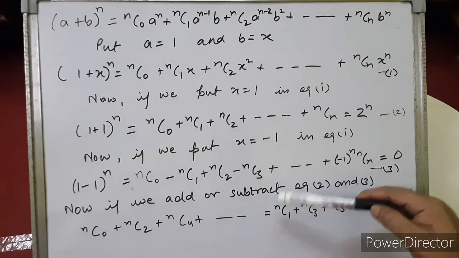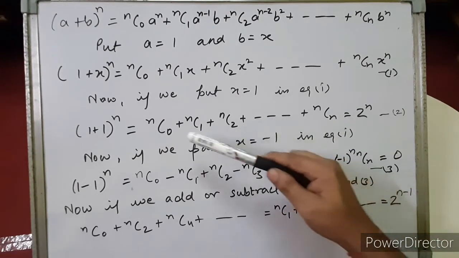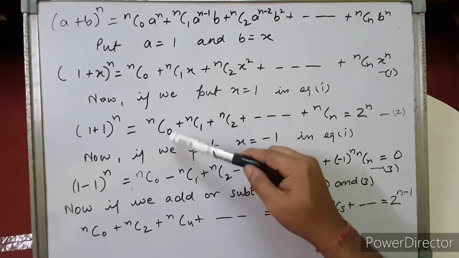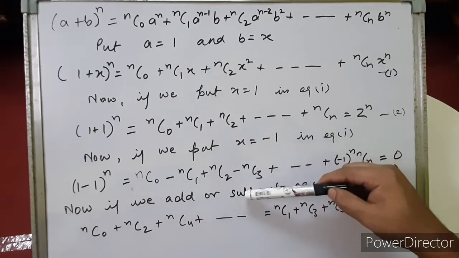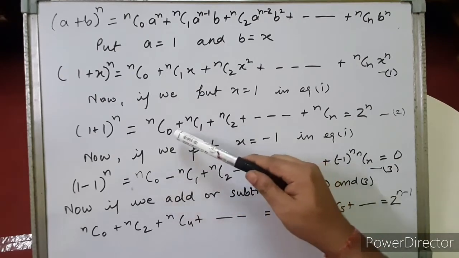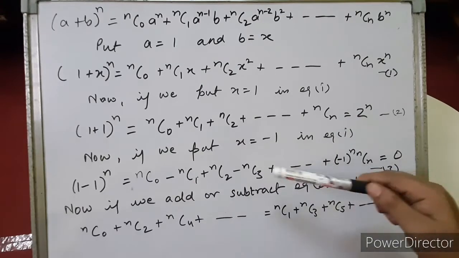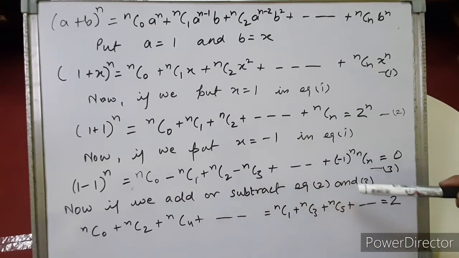Similarly, if we subtract the second and third expansion, then the even terms will get cancelled, like nC0 will get cancelled, nC2 will get cancelled, where r is even. 0, 2, 4, all the terms having the value of r as an even number will get cancelled.